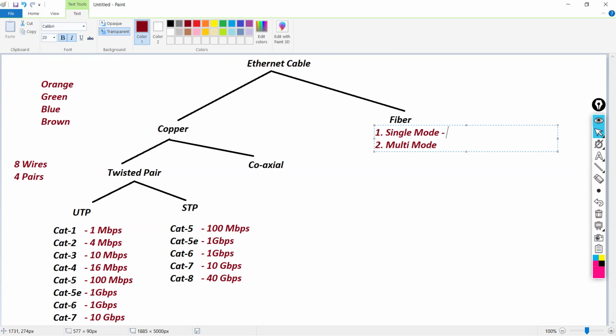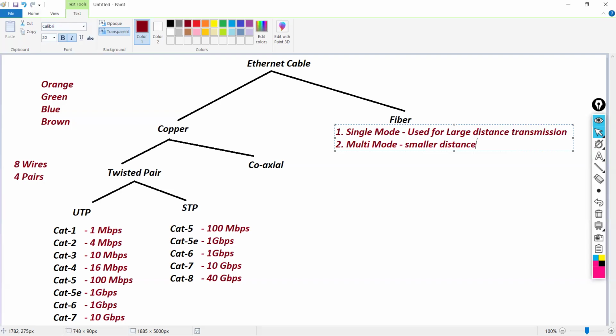So these are used for large distance transmission. And multi-mode is used for smaller distance. So whenever you want to have large distance transmission, you will be using single mode. And if small distance transmission, you can go with the multi-mode.